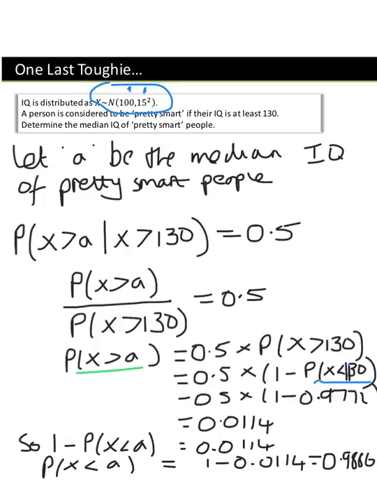So now we can just use the inverse normal to work out our A. So we've got our probability, our area, and at the top here in the question, again, we use our mean as 100 and standard deviation of 15.